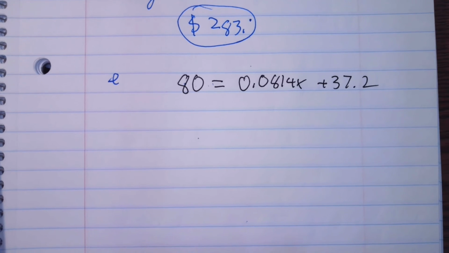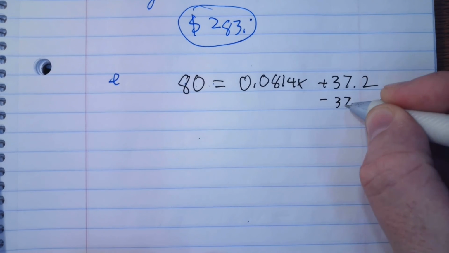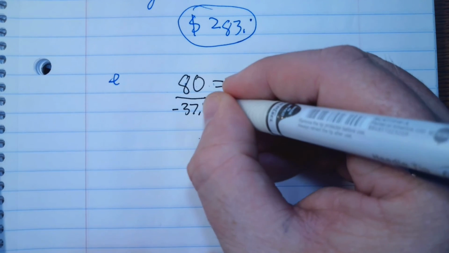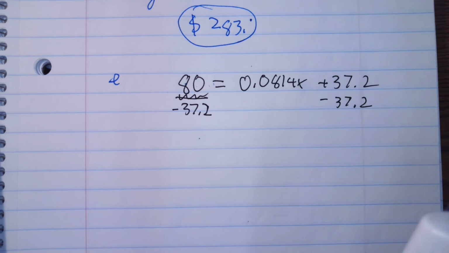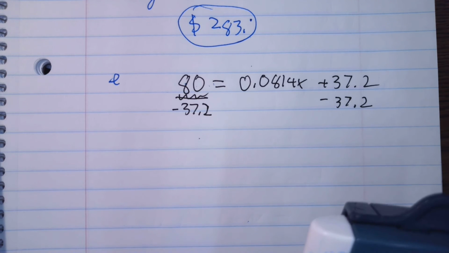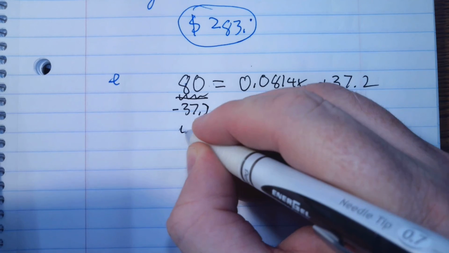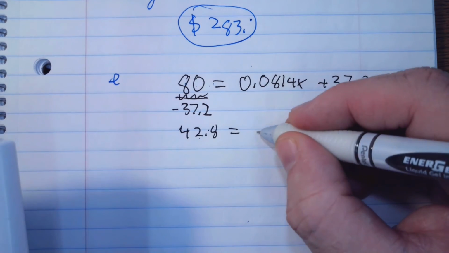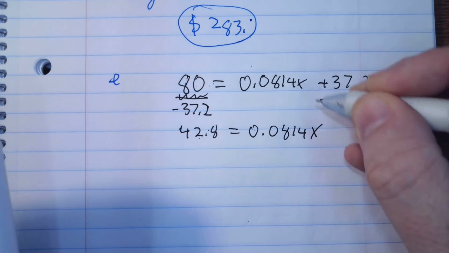And this is where the Algebra 1 comes in. I'm supposed to subtract 37.2. And it's not getting any harder than this. So this is as hard as it gets. There's not going to be a next level. It is a little bit annoying because we have this big decimal.